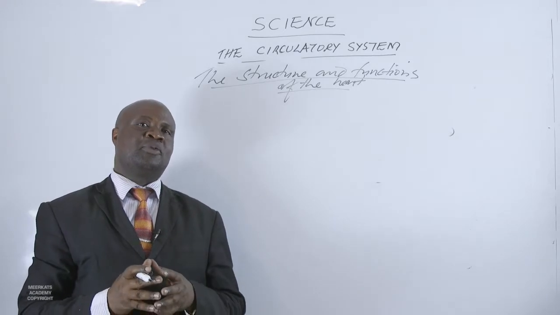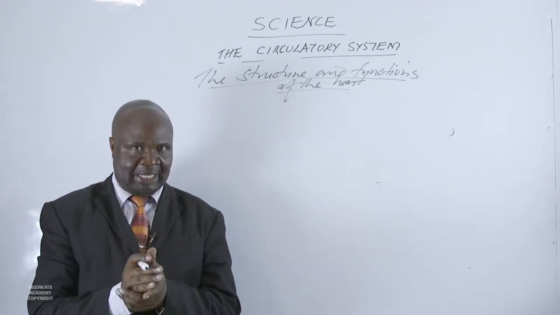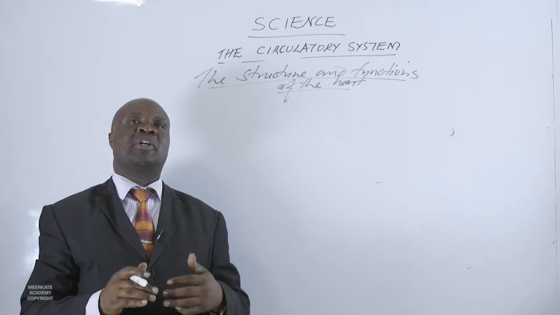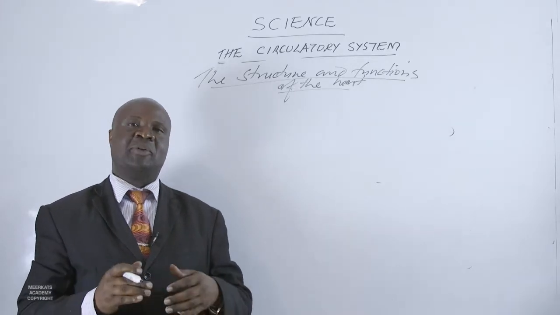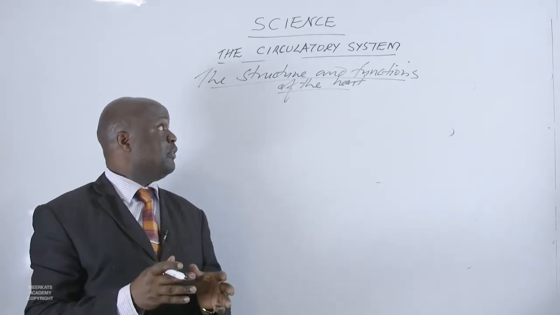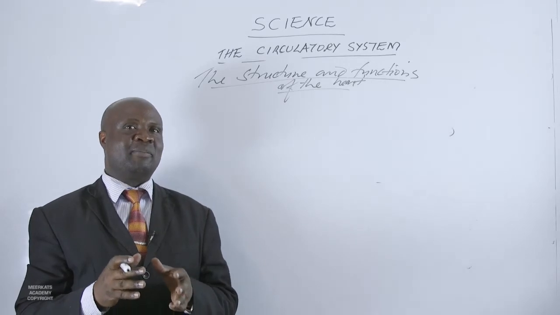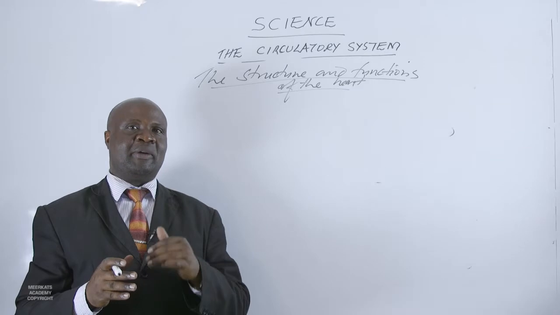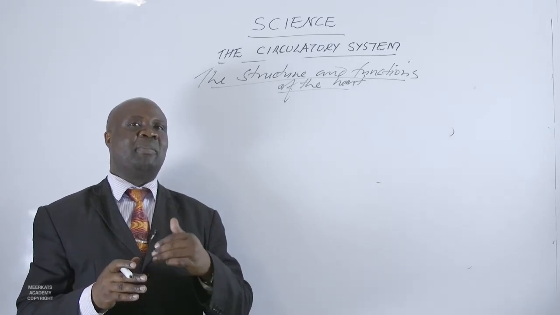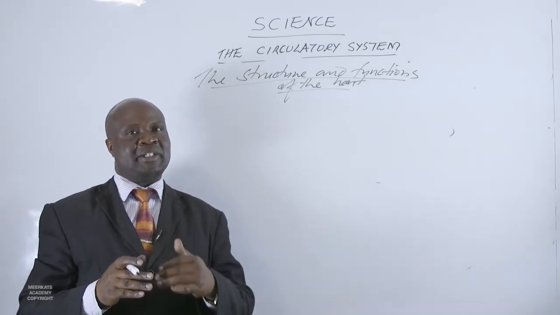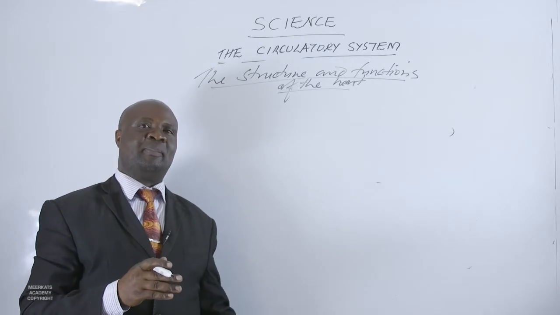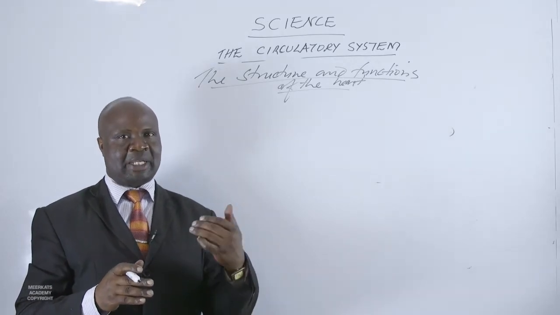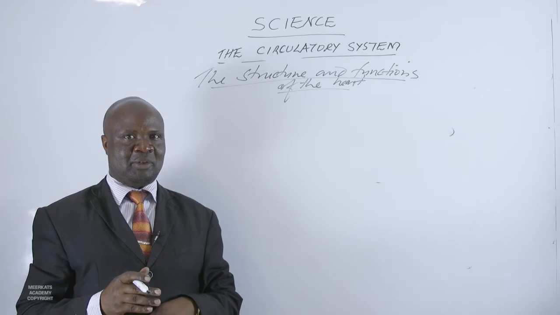We shall be able to see the structure of the heart because we have been talking about the veins and the arteries. All these are very important components of the heart. We shall see when the heart is pumping blood, how this blood is able to leave the heart to different parts of the body, and how this blood again comes back to the heart.